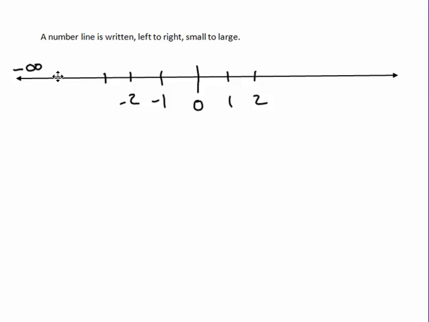So whenever we want to describe real numbers, we need to start with negative infinity, because negative infinity is the starting point of numbers, so to speak. It is the smallest that we have. Then you start counting all the way until you get to all the negative numbers and -3, -2, -1, 0, 1, 2, and then you keep counting all the way until you get to positive infinity.